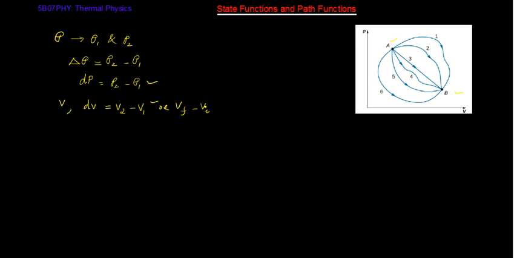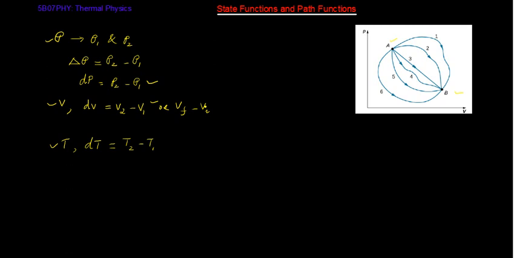So already I have introduced the two very common state functions in thermodynamics. One is the pressure and the second is the volume. I can give you some more state functions. In the same manner, consider temperature. You can see that a differential change in temperature dT will be equal to T2 minus T1, or T final minus T initial.